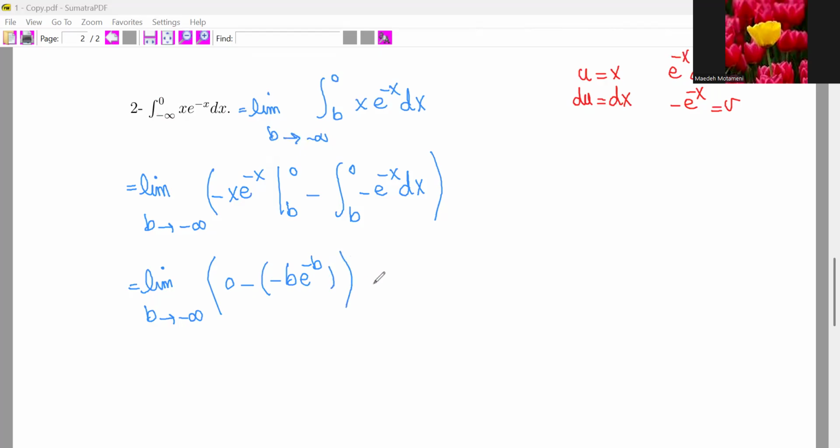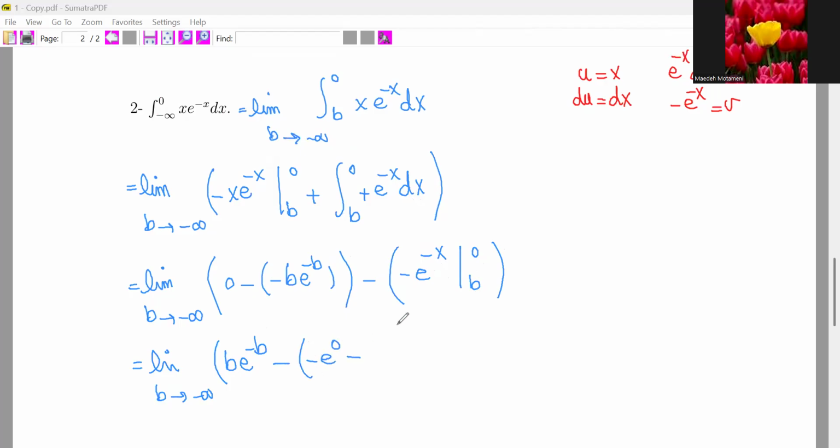This is for the first part. Minus, when you have the integral, making these two positive, the answer would be negative e to the negative x from b to 0. So you would have the limit as b goes to negative infinity of b e to the negative b, minus, when you plug in 0, you get e to 0, minus, when you plug in b, you get e to the negative b.